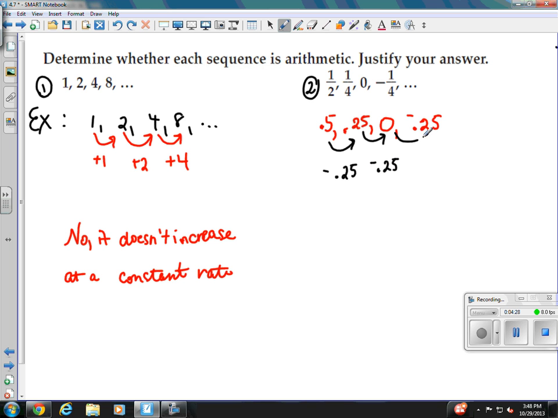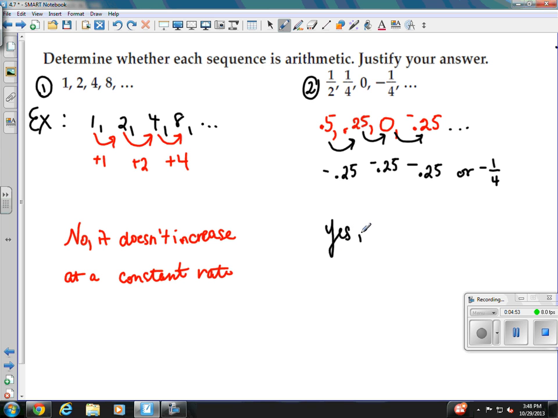To get from 0 to a negative 0.25, I subtract, once again, 0.25. So I'm subtracting 0.25 each time, or we can go back and change it and say we're subtracting 1/4 each time. And because it's constant between all of these terms continuing on and on forever, that means yes.